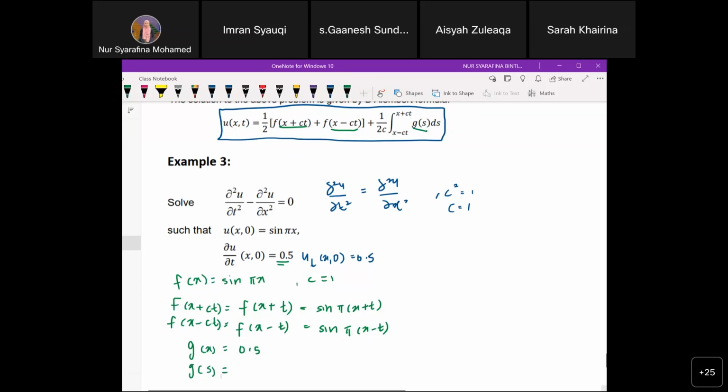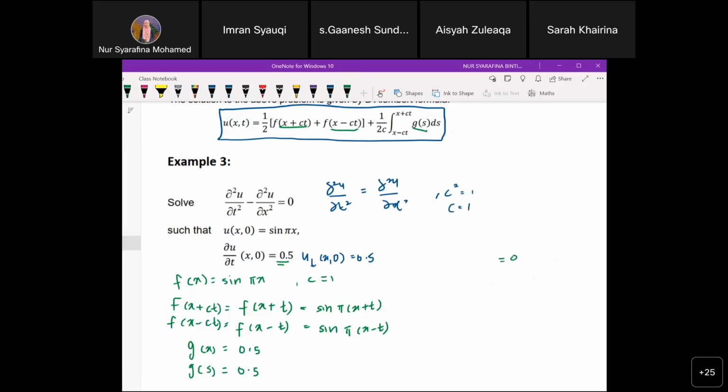Your g(s) is still 0.5, because it is a constant. A constant doesn't change with a variable. If your g(x) were, let's say, 0.5x, then you would have g(s) equals 0.5s. So only the variable changes. If it is a constant, then just keep the value of the constant.